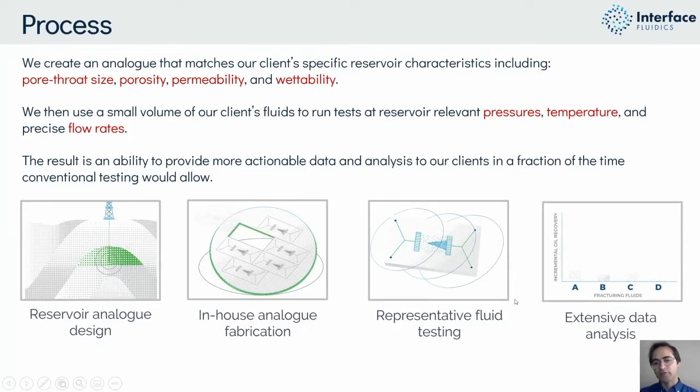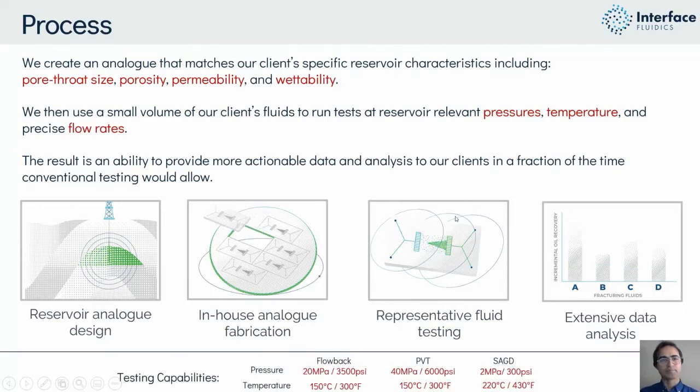And finally, we use our in-house developed image analysis algorithm to quantify the images and convert them into data that can show the performance of different cases and processes. In terms of operating conditions, especially on the flowback side, we can go up to 20 MPa, 3500 psi, and up to 150 degrees centigrade, which is equivalent to 300 Fahrenheit.